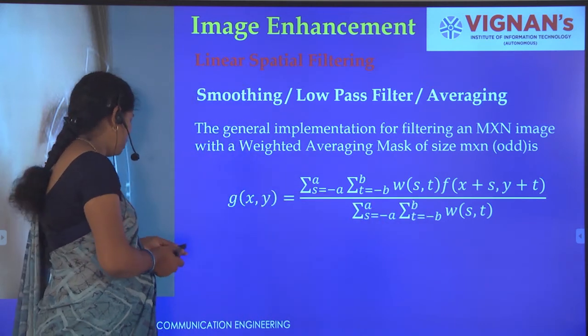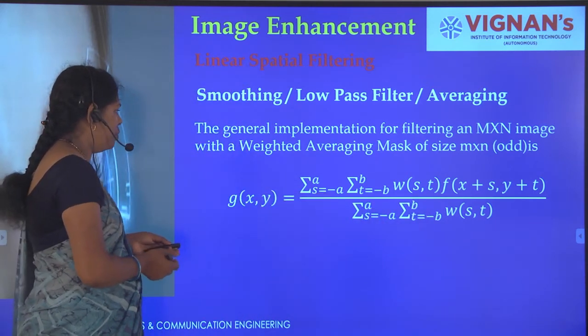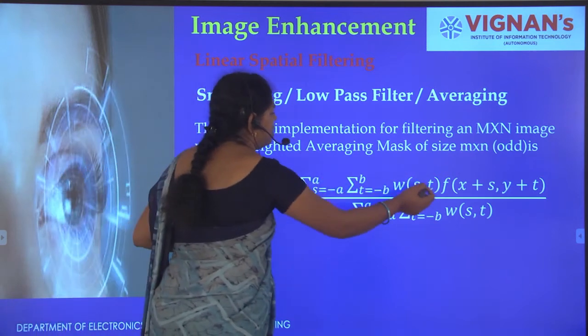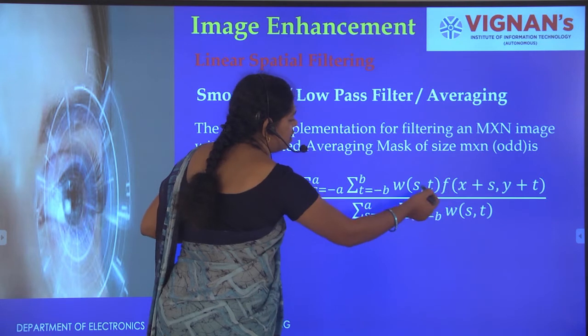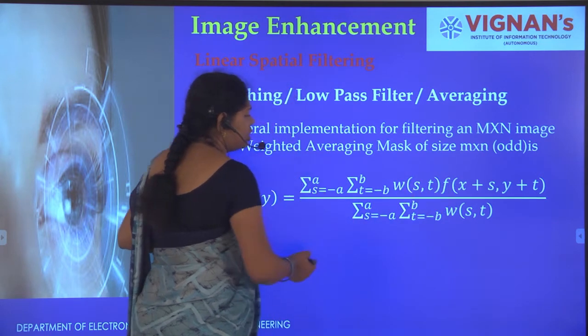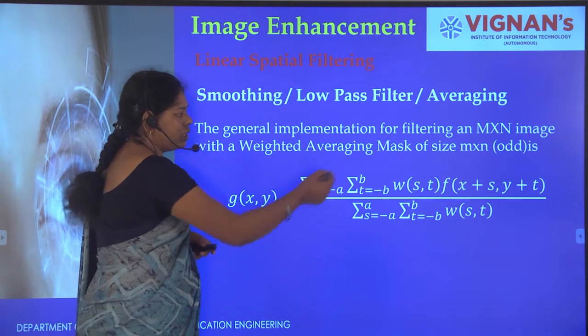Now we are taking the summation of products, multiplying each element of the window mask with the image.